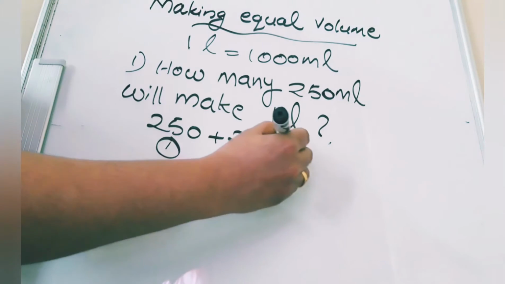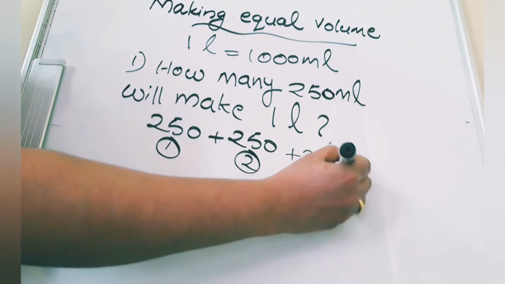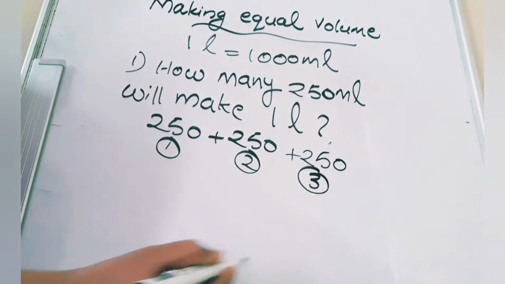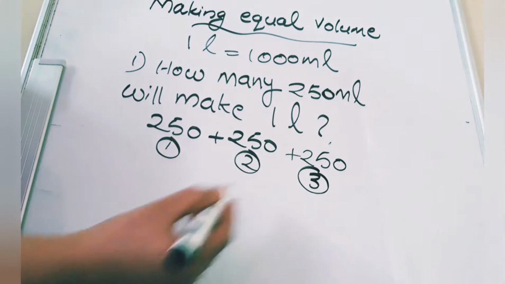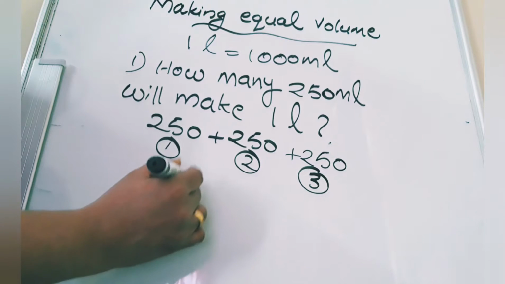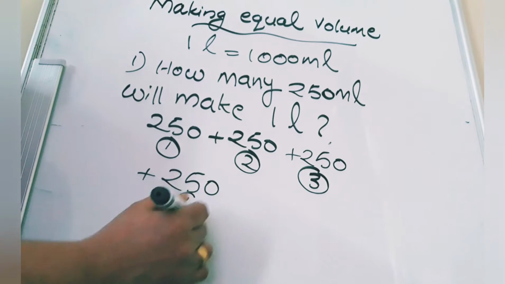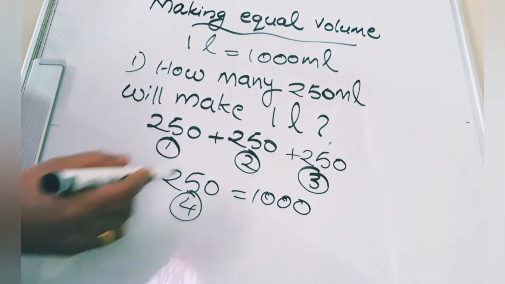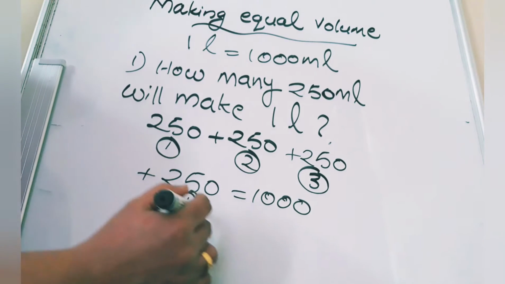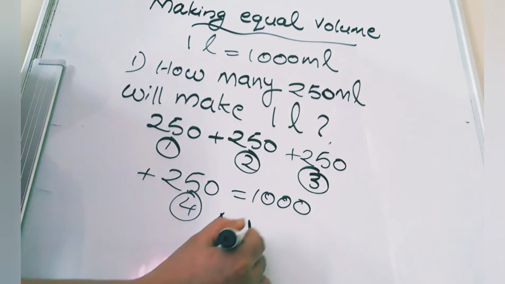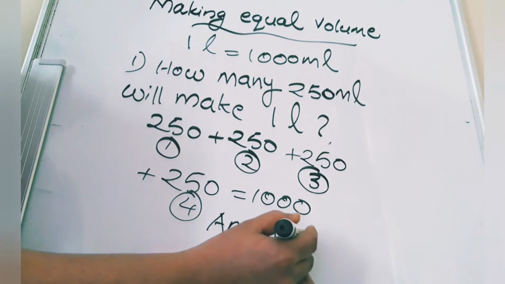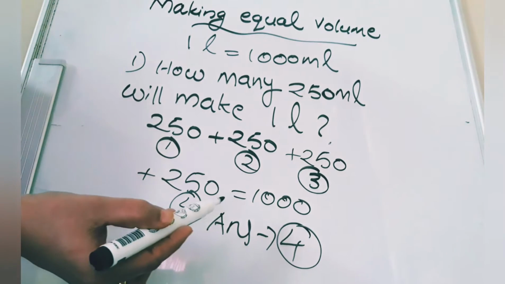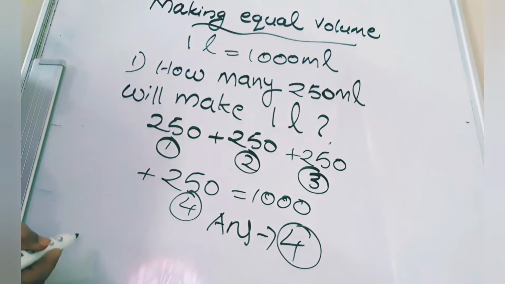Again add 250 ml, 3 times, then you will get 750 ml. One more time when you add, you will get 1000 ml. So that means 4 times 250. The answer is 4. 4 times 250 ml is equal to 1000 ml.